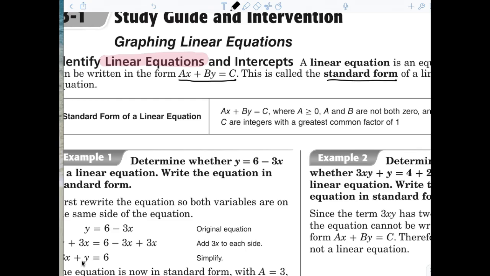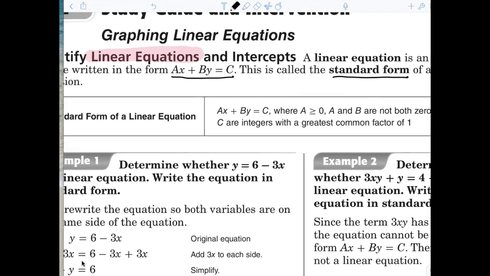Now, the other form that I need you to write down is this form. I want you to write y equals mx plus b. And this is called the slope intercept form.